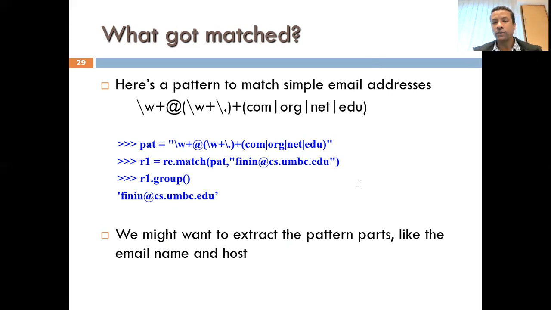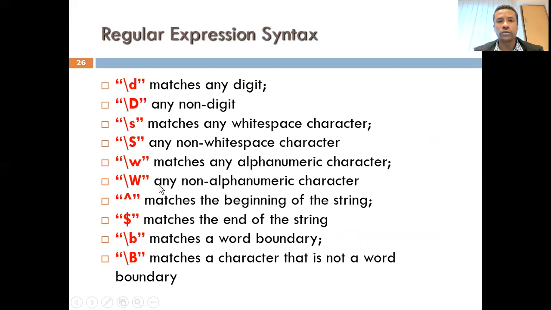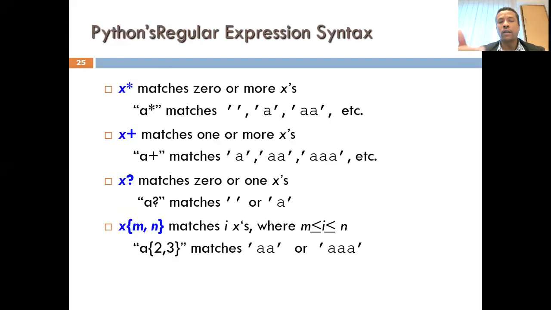So in the process, we have seen that there are many regular expression syntaxes that we can use, right? We have seen many types of syntax to identify digits, non-digits, white space, non-white space, alphanumeric, non-alphanumeric, at the beginning, at the end, at a word boundary, not at a word boundary. And we have seen many expressions like 0 or more of something, 1 or more of something, 0 or 1 of a specific data, or between a range of numbers.